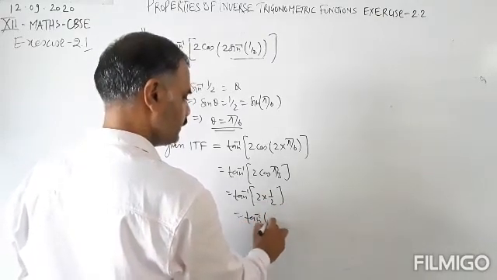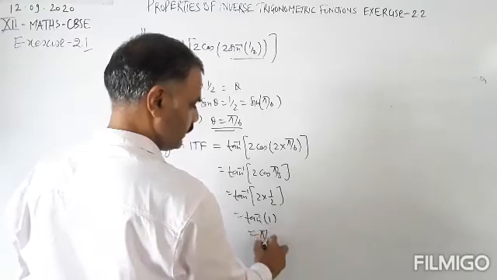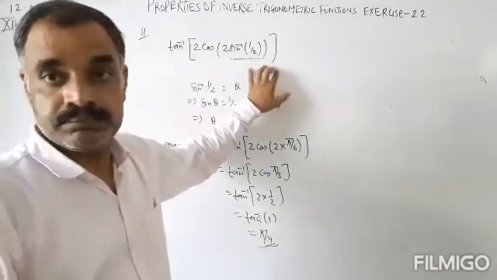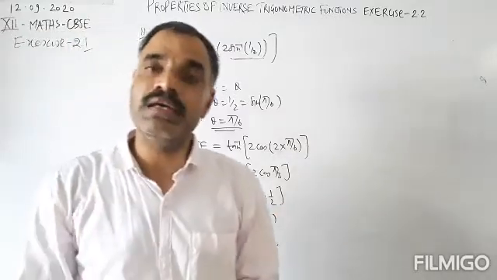This is tan inverse 1, and tan inverse 1 equals π/4. So the value of this equals π/4.